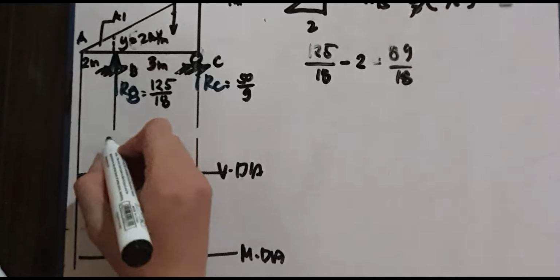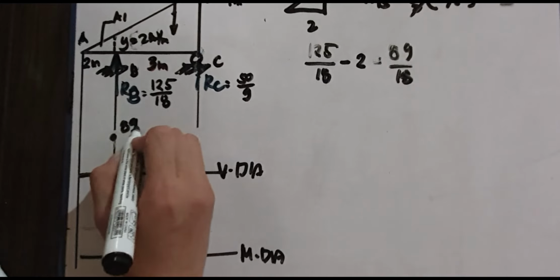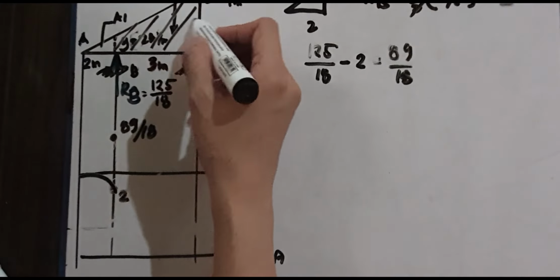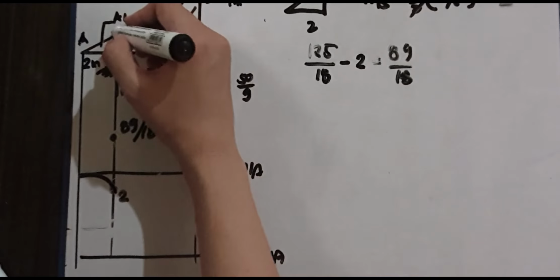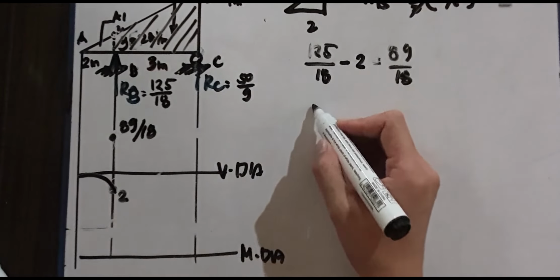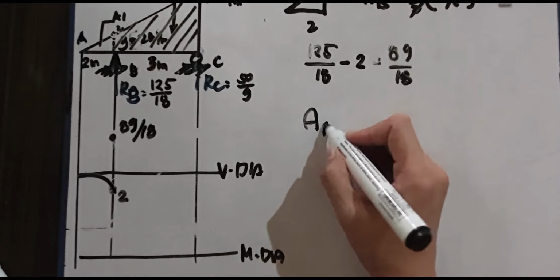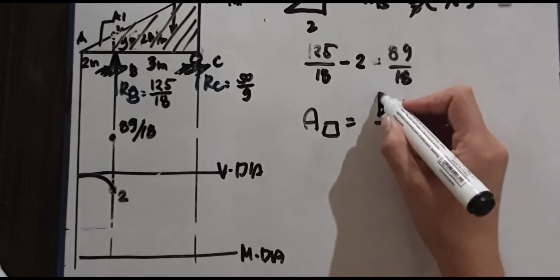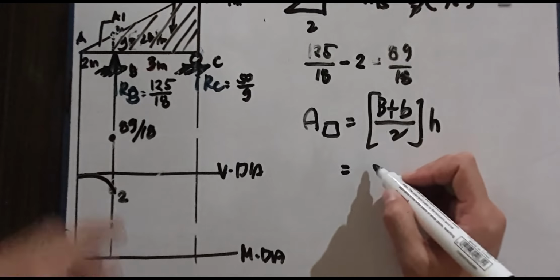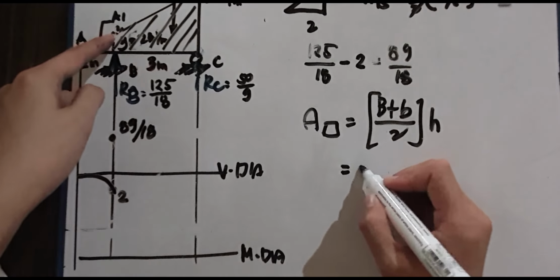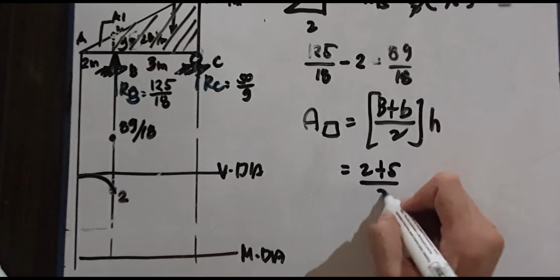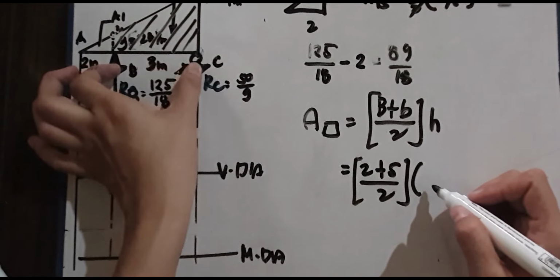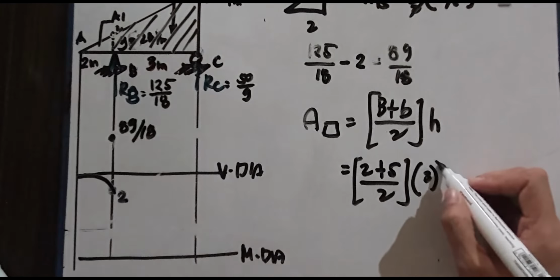Let's put 89 all over 18 here. Now, we again have an area of load, so we will take the trapezoid. This is 2. The area of a trapezoid is equal to B plus B all over 2 multiplied by height. So, we have this as our base: 2 plus 5 divided by 2, multiplied by the height, because I expressed the height as this distance.